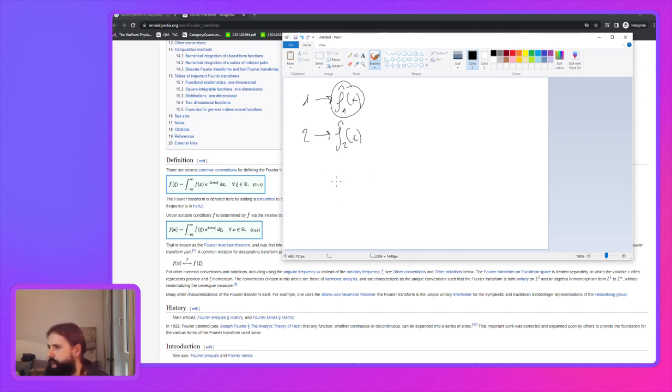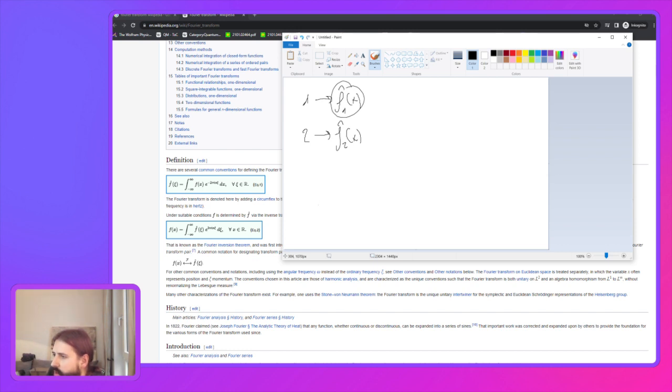So essentially, it's a function where each input is a function. So it's a function that outputs functions, if I understand that correctly.